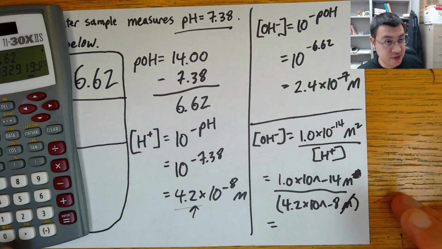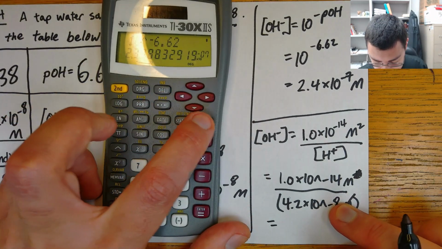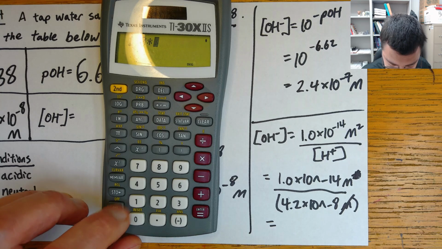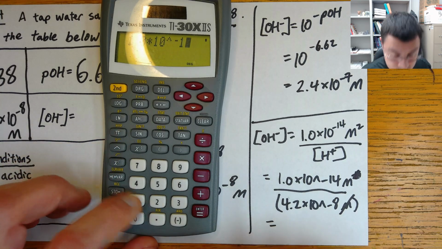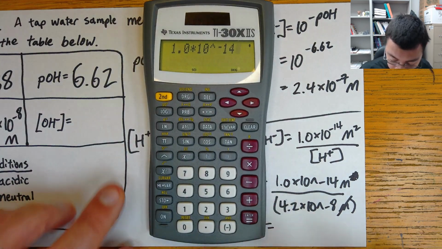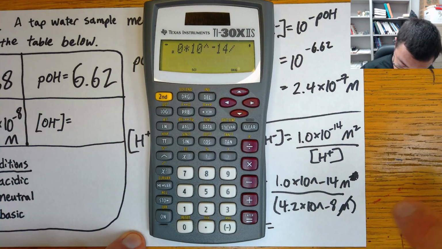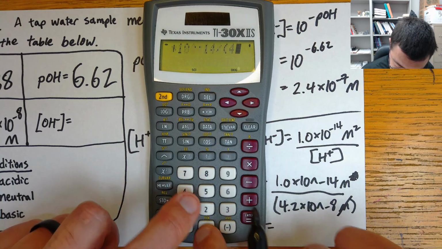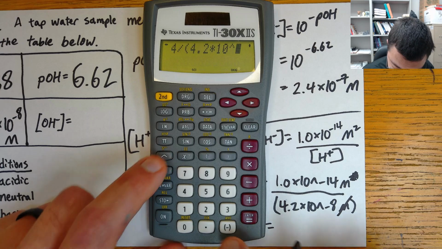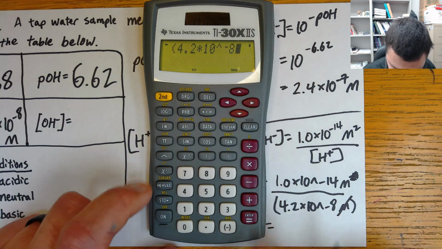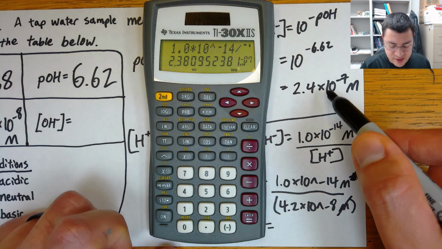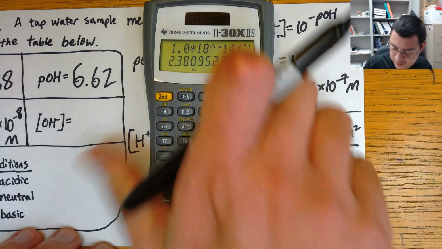Anywho, let's type this into the calculator. Might need a different ring light. This glare is crazy. Okay. And yeah, we get the same answer. So checks out.